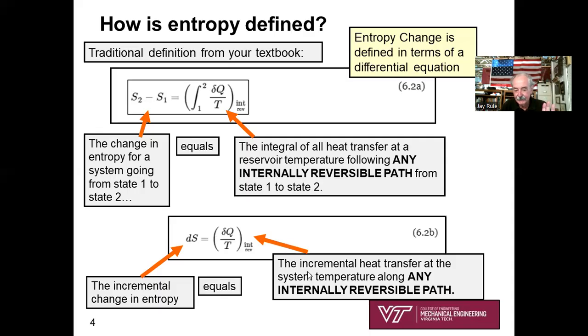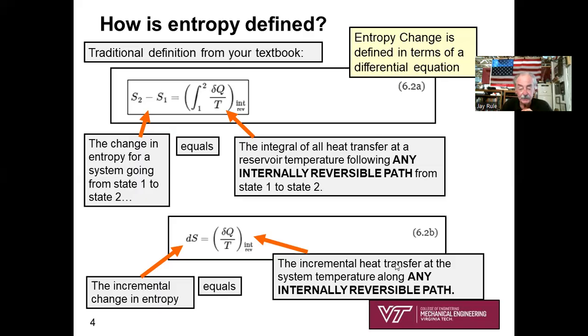And so it says the incremental heat, so dS, the incremental change in entropy, it's a property, equals the right-hand side, del Q over T. It's each little incremental piece of heat transfer, being transferred at a certain temperature, depending on the internally reversible path you're taking along a tiny little incremental process.